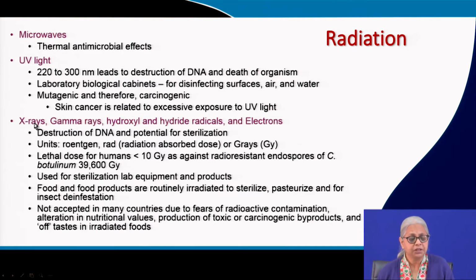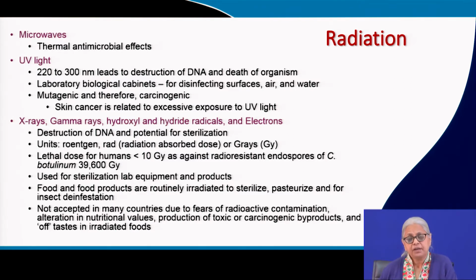The other forms of radiation are X-rays, gamma rays, hydroxyl and hydride radicals, and electrons. All of these types of radiation can result in the destruction of DNA and have some potential for sterilizing both food as well as other materials. The units are Roentgens, rad (radiation absorbed dose), or grays.